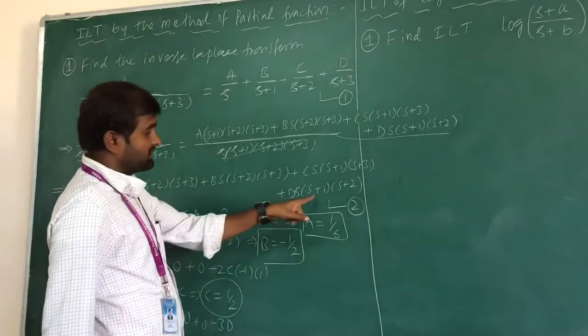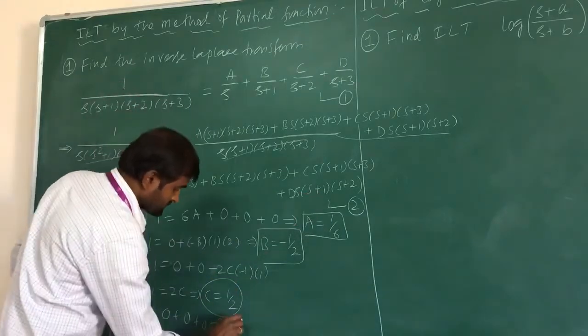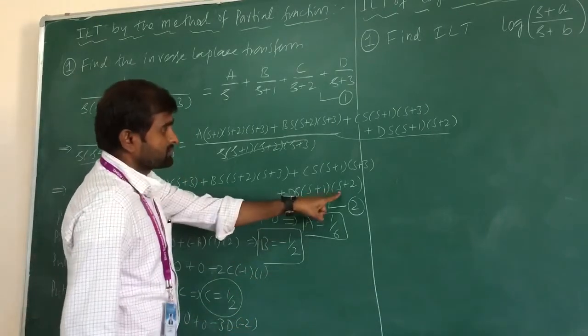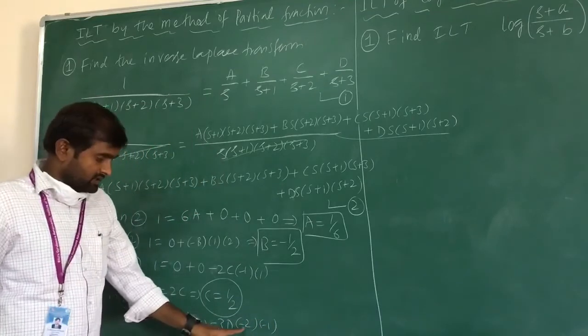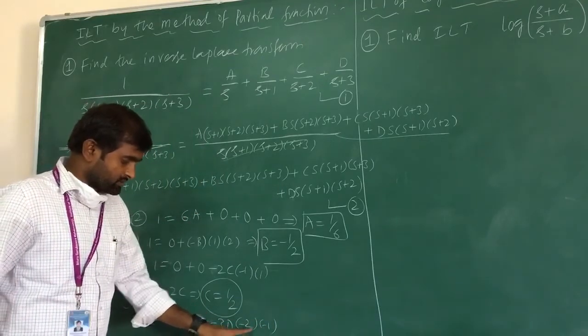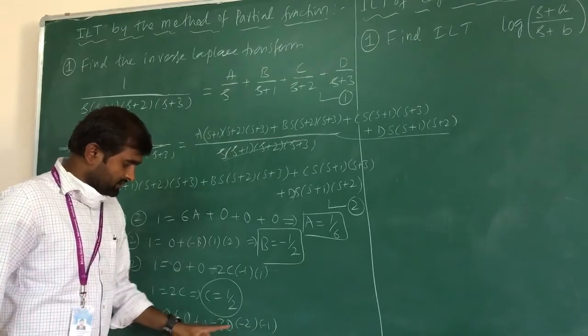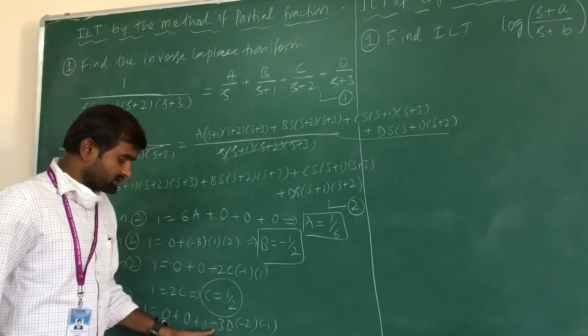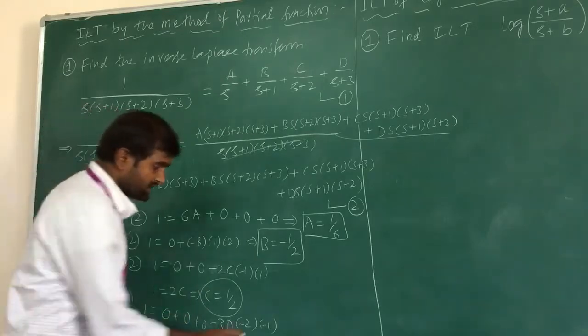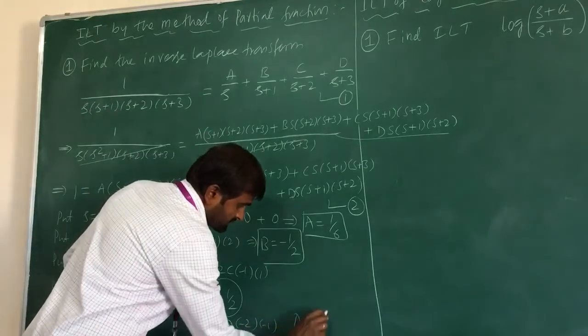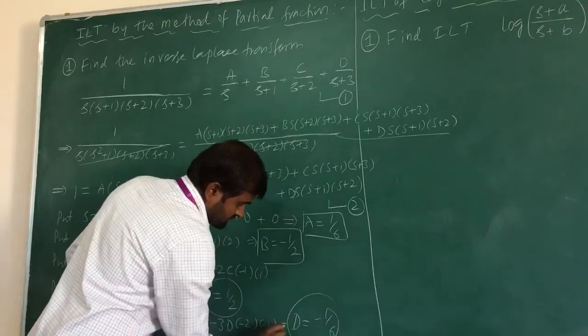So minus 3 plus 1 is minus 2, minus 3 plus 2 is minus 1, so minus 2 into minus 1 is plus 2, then plus 2 into minus 3 is minus 6, so 1 equals minus 6 into d, so the d value is minus 1 by 6, right?